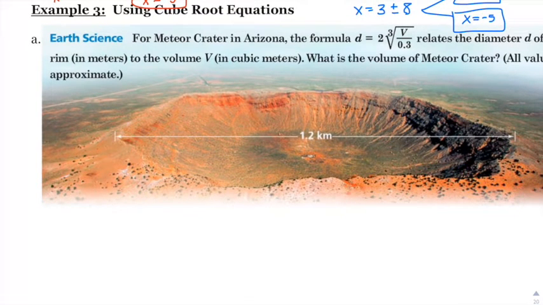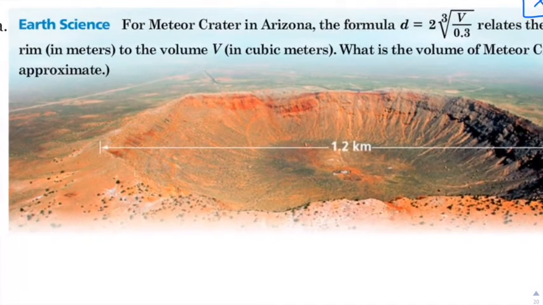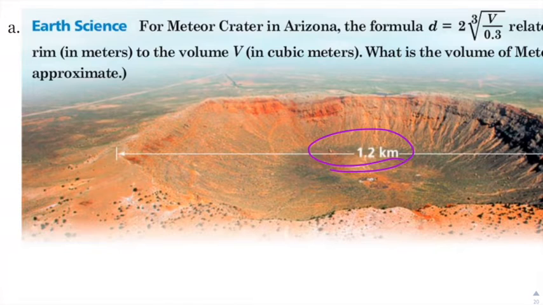What's nice about doing these types of real world equations is we don't have to worry about plus or minus, because you really can't have a negative diameter or a negative volume. So that's very nice. Also, the second thing they throw us off with is they give us the diameter of the crater in kilometers, but our formula is built for meters.